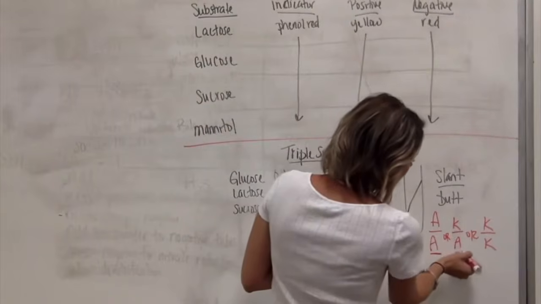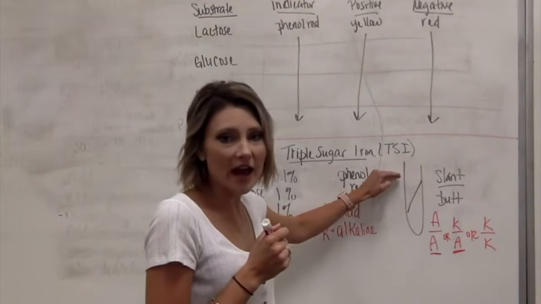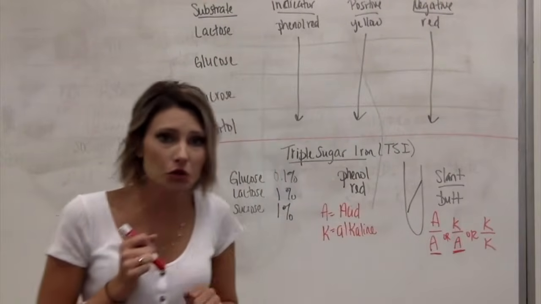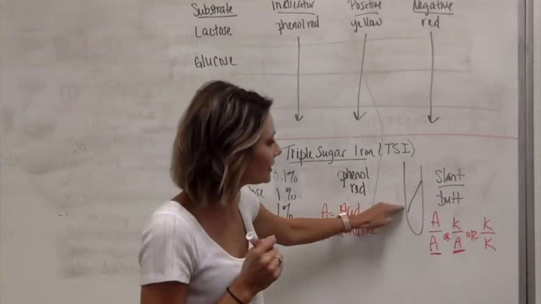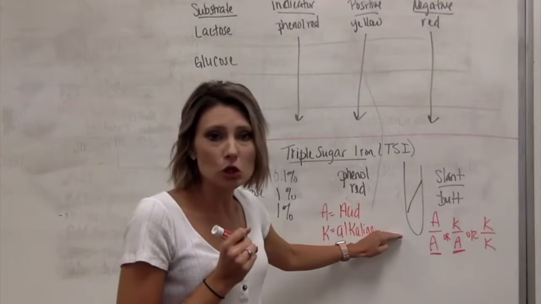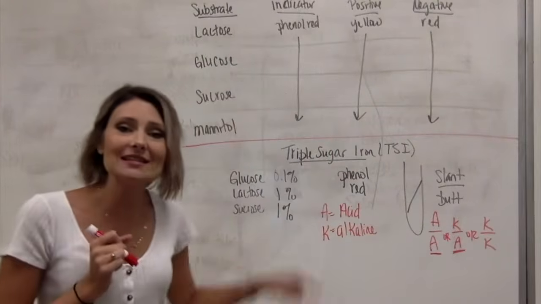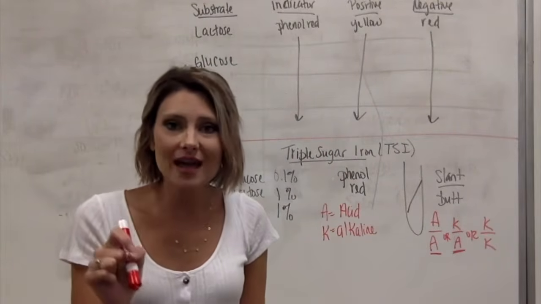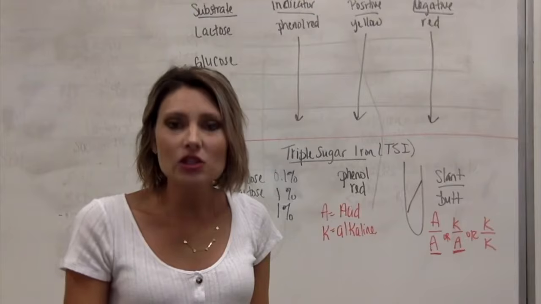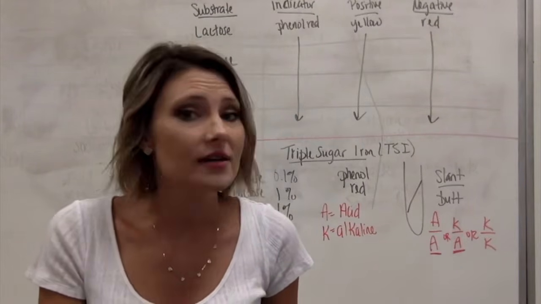If you get a half red and half yellow tube, so the slant of the tube is red and the butt of the tube is yellow, that would be K over A because K stands for alkaline. Remember what I said. If you get a red tube, that means that respiration happened, not fermentation.